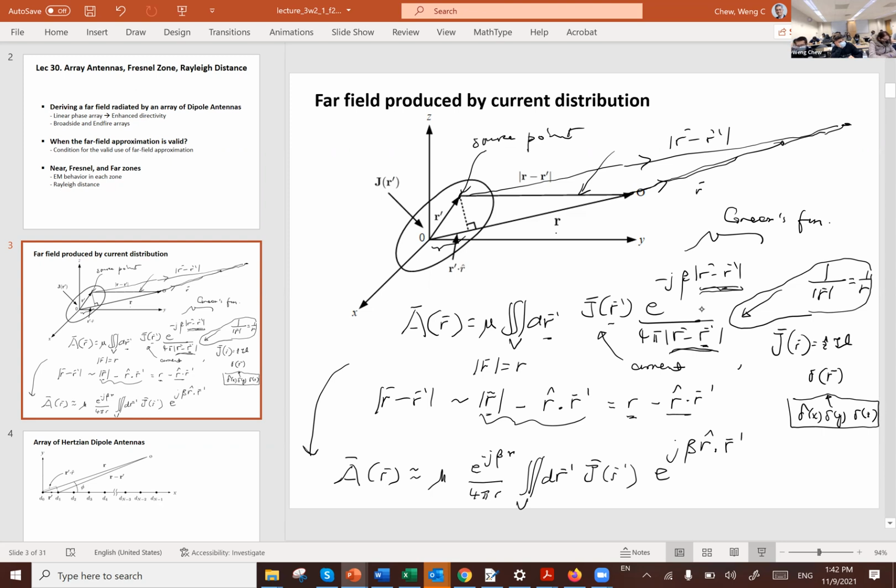Okay, can you see this approximation? I keep everything that is not associated with r prime outside the integral, and I keep only the term that has r prime dependence inside the integral. And if I look at this exponent more carefully, I can define it to be looking like this, where I define my beta vector to be just beta r hat.